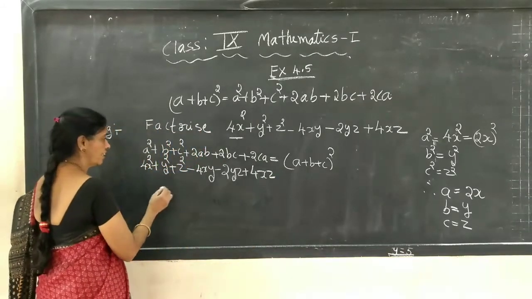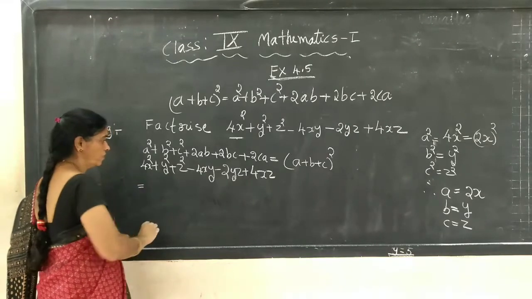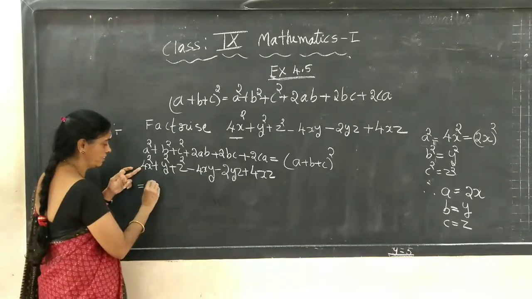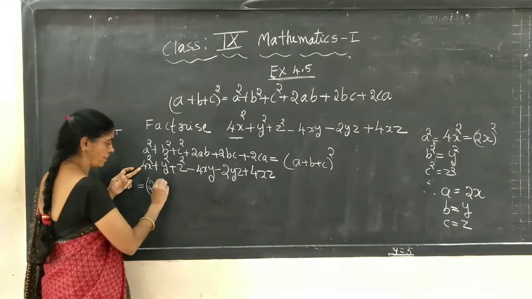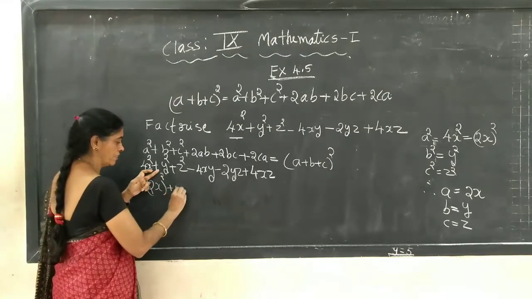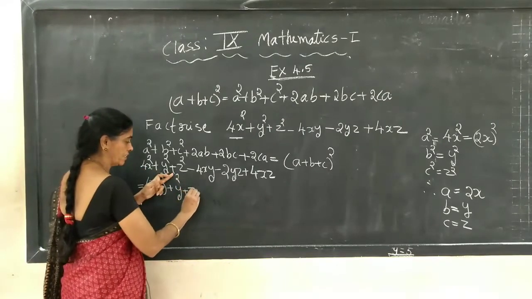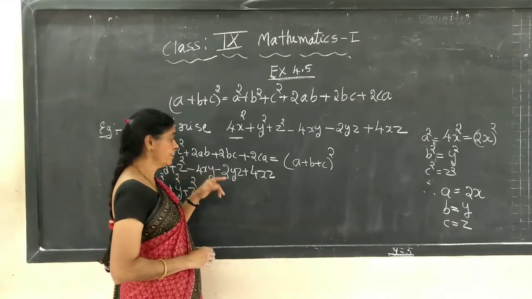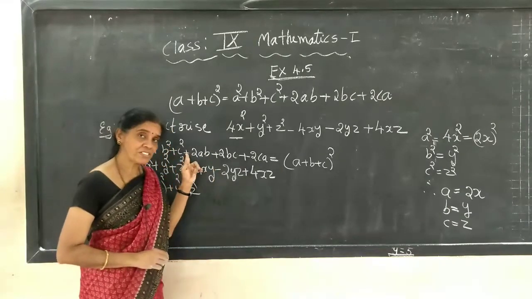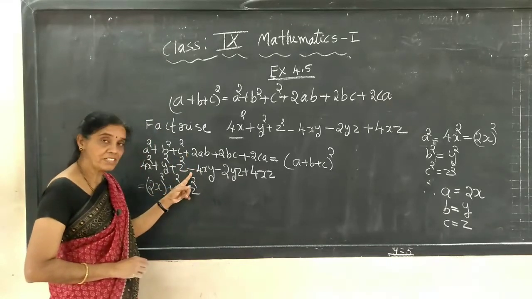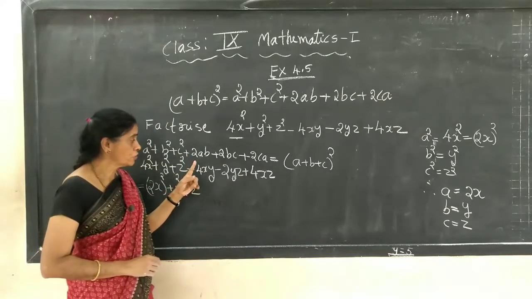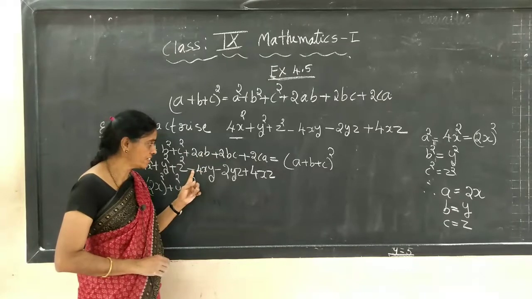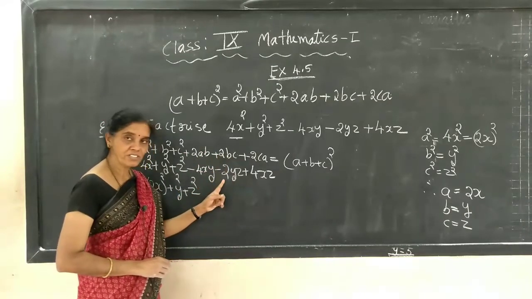Now this is equal to, this is how much we have written, (2x) square plus y square plus z square. Now 2ab we have to write. Here the sign is plus, but in the example it is minus. So here 2ab is minus and 2bc also minus.